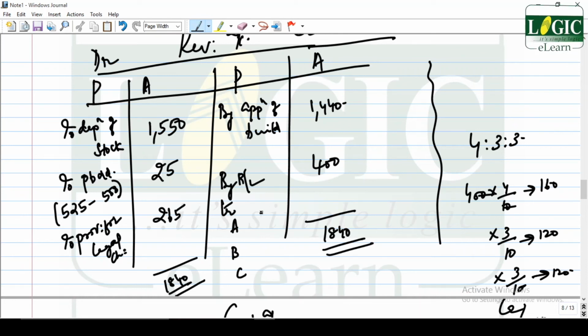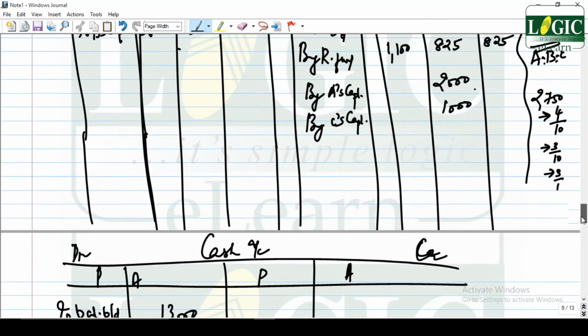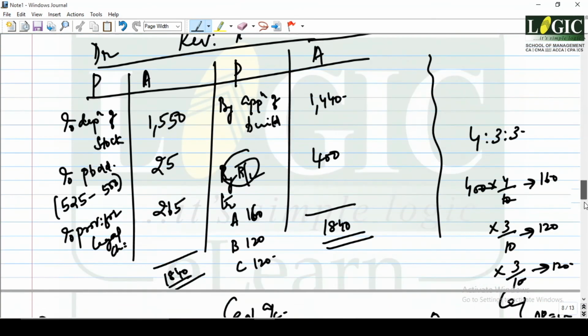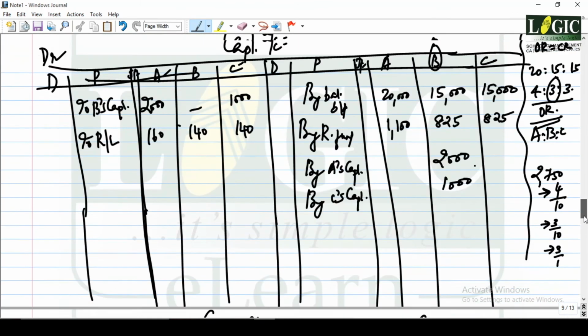So the revaluation loss is to be transferred, 160, 120 and 120, totally 400. Now this revaluation loss should come in the columnar capital account. So we posted everything at the respective places.